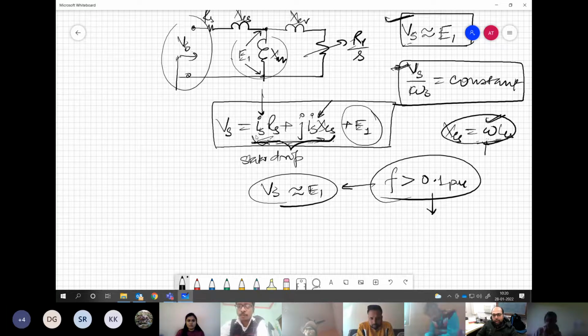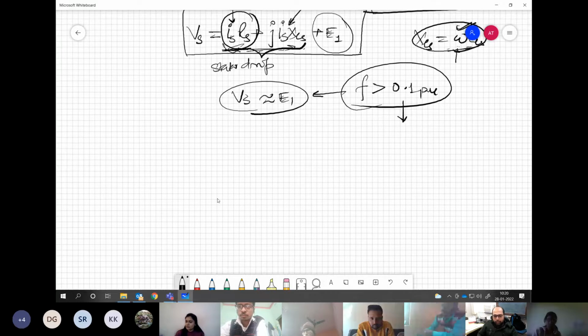And particularly when we are drawing almost rated current near the starting of the motor, then this drop is very, very dominant compared to the other two terms. So what it may look like if you have the phasor, let us say this small one could be the E1, and then because this I is still rated, IR could be very dominant.